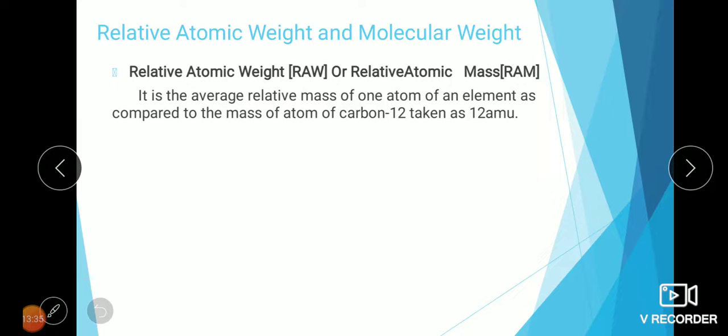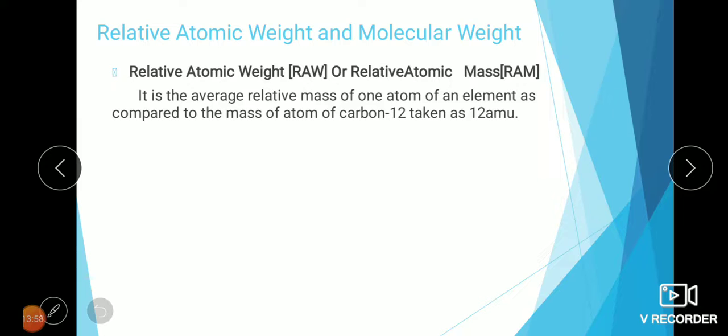Why am I taking carbon as a standard? Because carbon has isotopes. When we calculated the relative mass of carbon, it was found to be 12, and we can compare the atomic masses of other elements with respect to carbon. For example, the atomic mass of magnesium is 24.